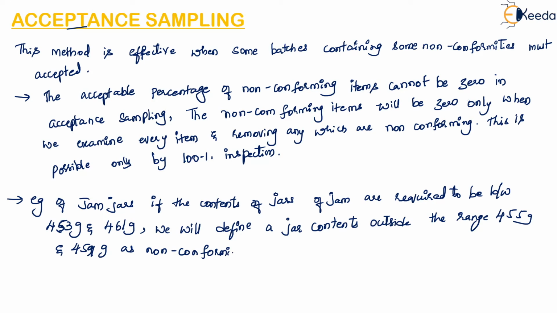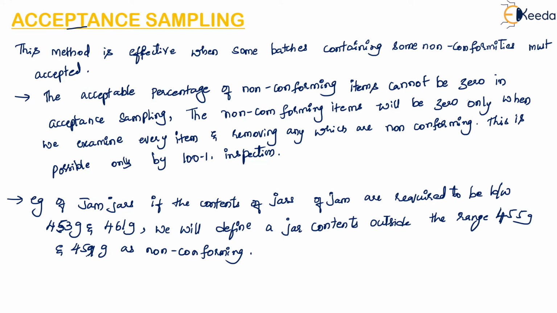What is the quality required? The jar content must be between 453 gram and 461 gram. So we will assign a range: if the jar contents are outside the range of 455 and 459, we will say it is non-conforming.